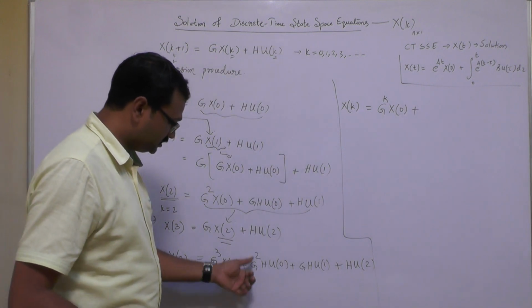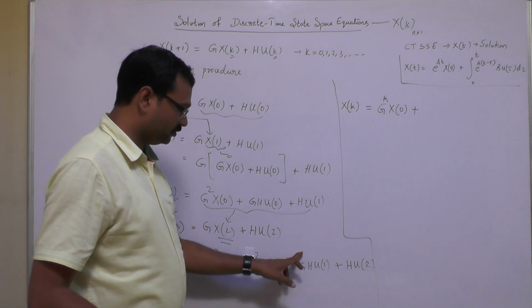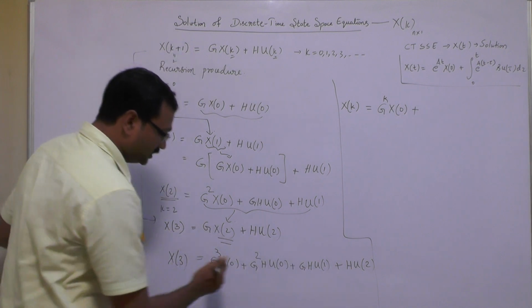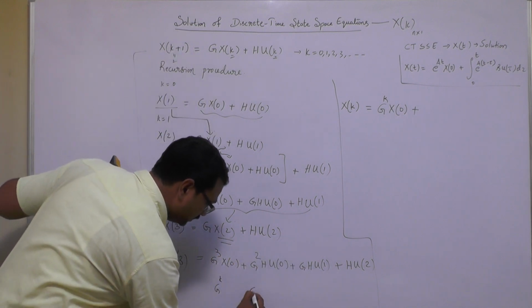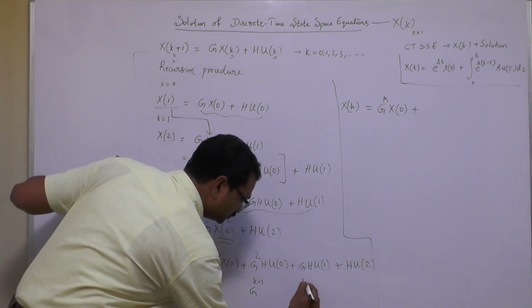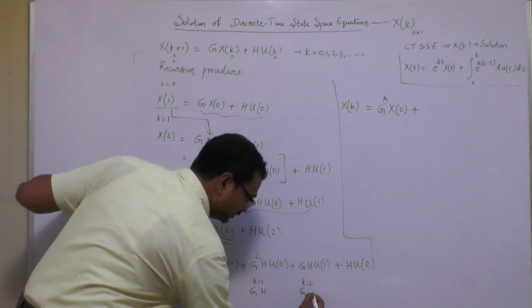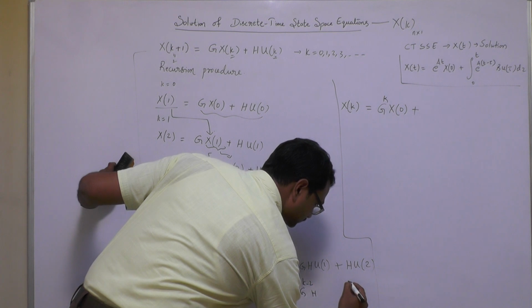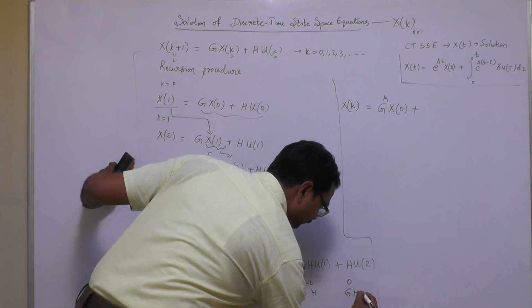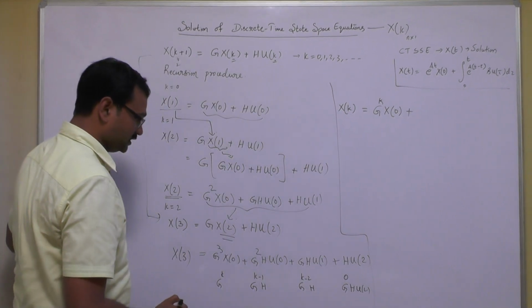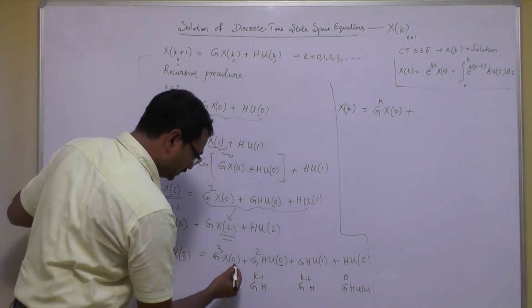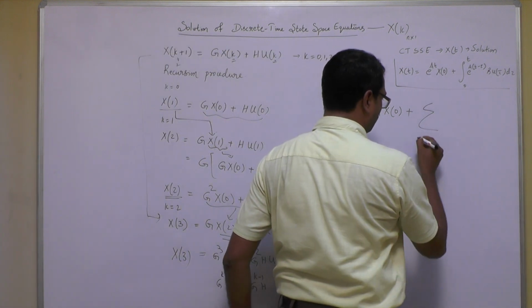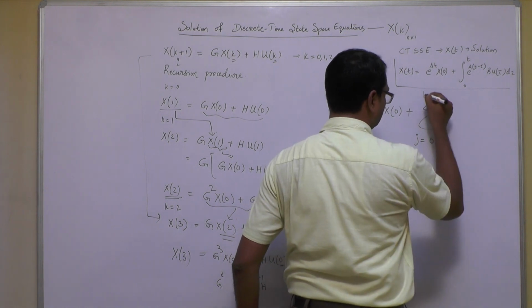You can simply sum up all these terms from 0 to k minus 1.